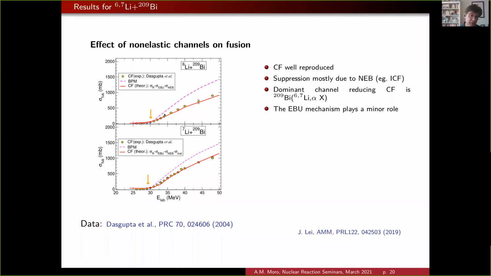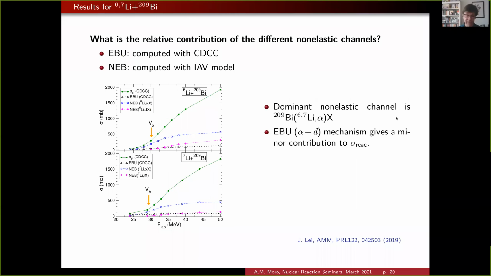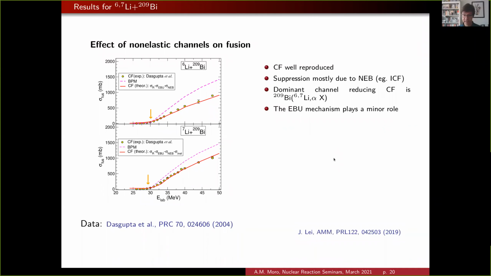There are other groups using different reference calculations, but in any case, what we say is that with respect to this reference calculation, when we incorporate the elastic breakup plus non-elastic breakup contributions, one can explain very nicely, I'd say, the complete fusion, and one can also find an explanation for what are the mechanisms or the processes that are competing. The elastic breakup in particular plays a very small role in the suppression here.